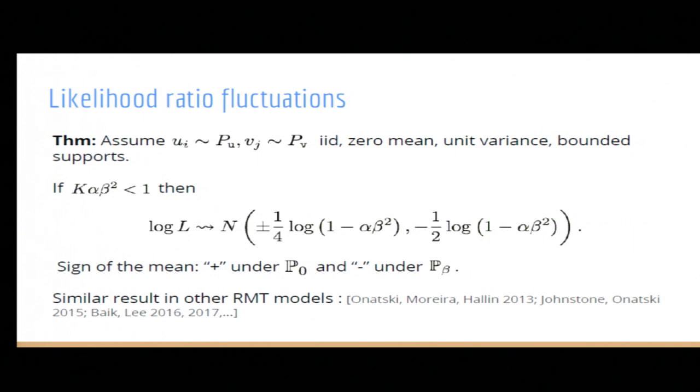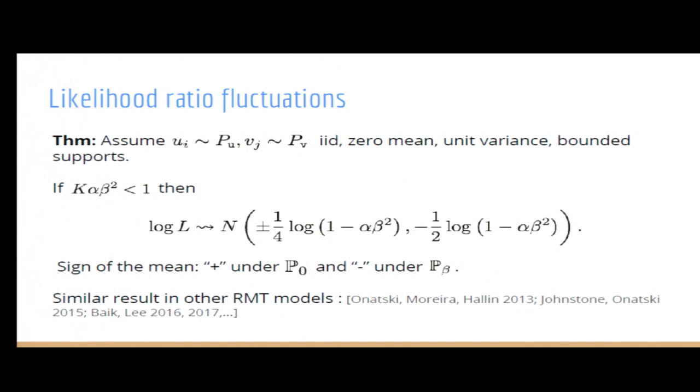Okay, so the main theorem is the following. If U and V are drawn from some priors, P_U and P_V, the coordinates are IID, they have 0 mean, unit variance, and they have bounded supports. If this condition holds, for a k that is specified in the paper, and this k is always greater than or equal to 1, then the log likelihood ratio will be asymptotically normal with this mean and this variance.